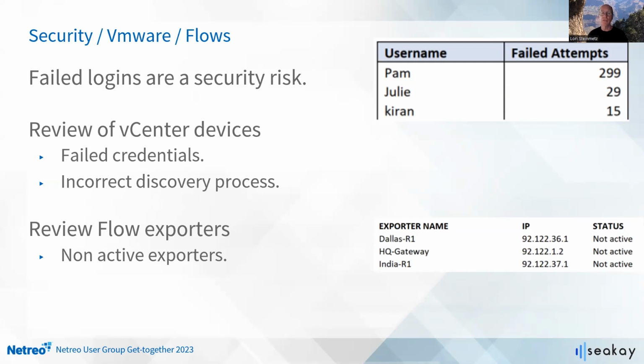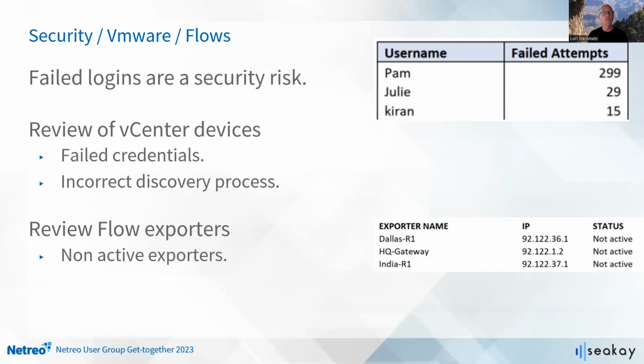We review vCenter devices. So failed credentials. vCenter devices are a little unique within Netreo. You can't discover them automatically. They have to be manually entered, and there's a very specific approach to setting them up. Once they're set, they work like a charm.